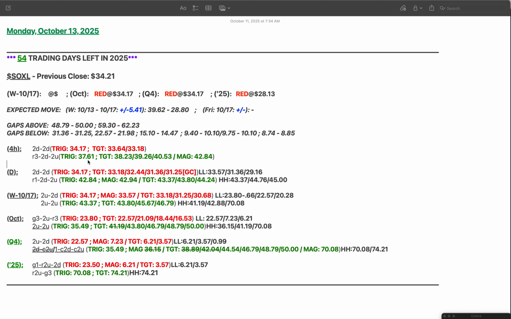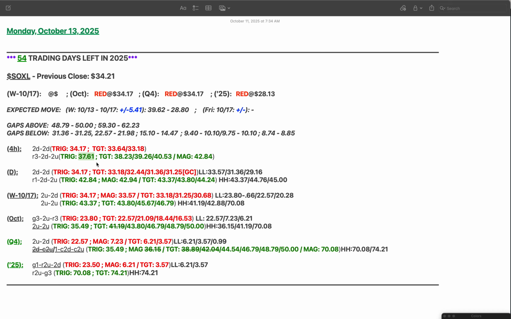If we do get that push to the upside and we trigger the 4 hour reversal, that's a 3, 2 down, 2 up, triggering at 37.61, targeting 38.23, 39.26, and 40.53 as intermediate targets on the way up to the ultimate target of 42.84. Right, that's a big move.